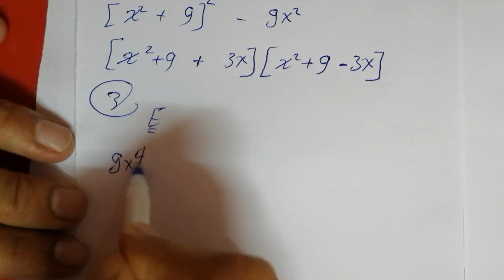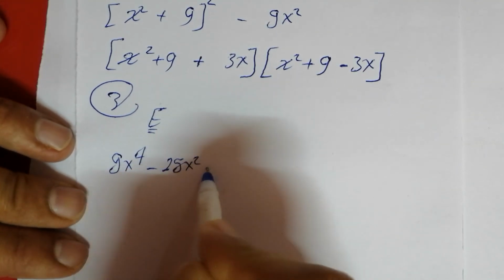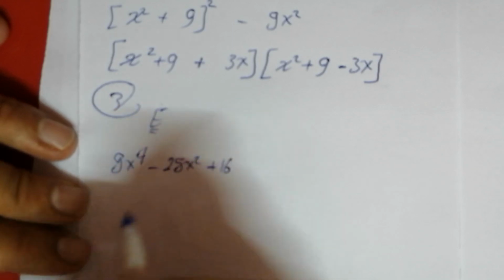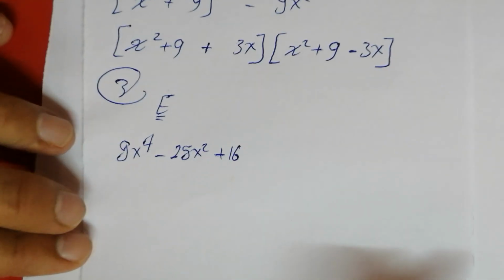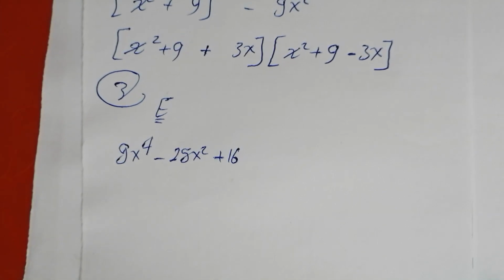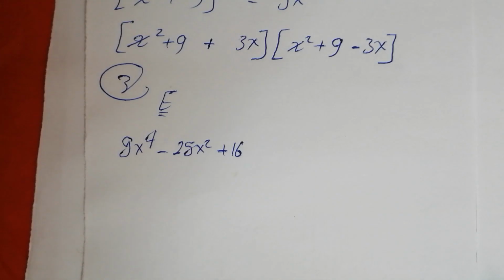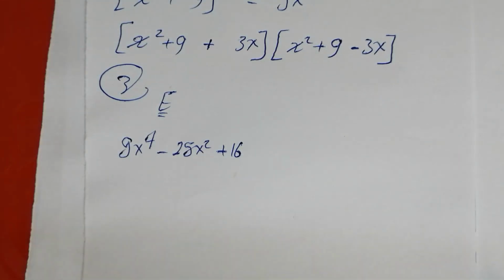9x power 4 minus 25x power 2 plus 16. So we have another trinomial, but the middle term is minus. You're going to put it in the form of a perfect square. How?